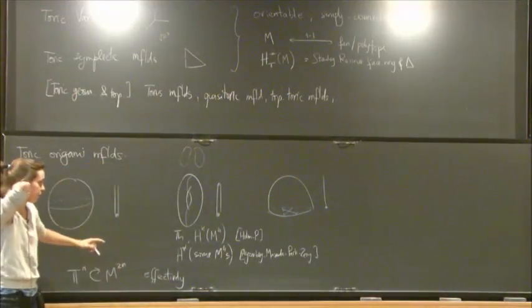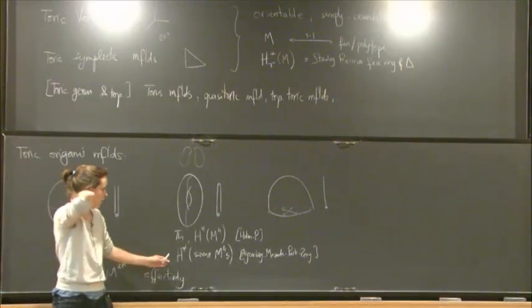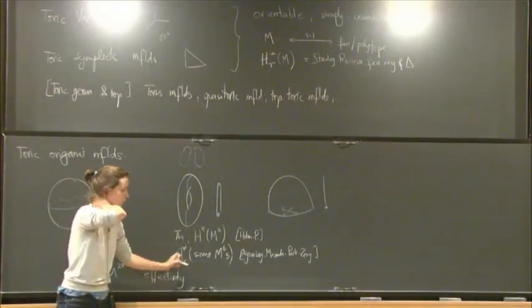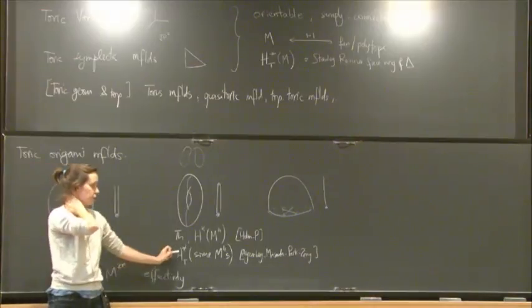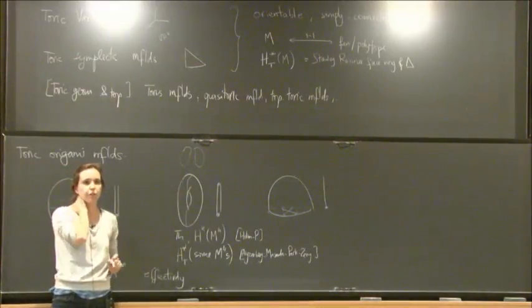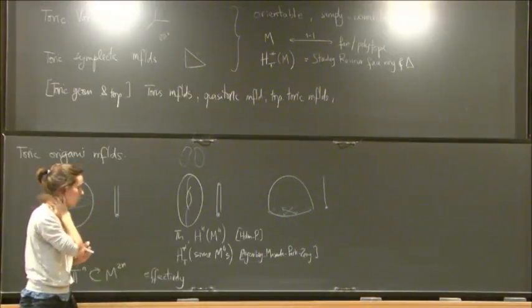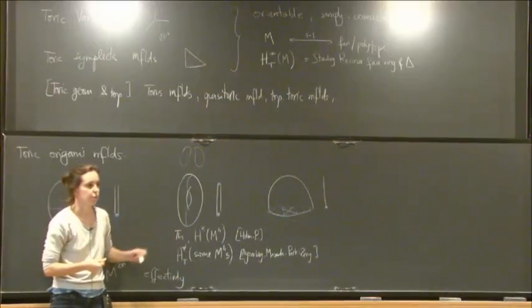So the goals for this semester. The first one is it would be really nice if we could figure out the equivariant cohomology ring in general for all dimensions. It would also be really nice if we could find some other invariants, like the Chern classes in dimension 4.